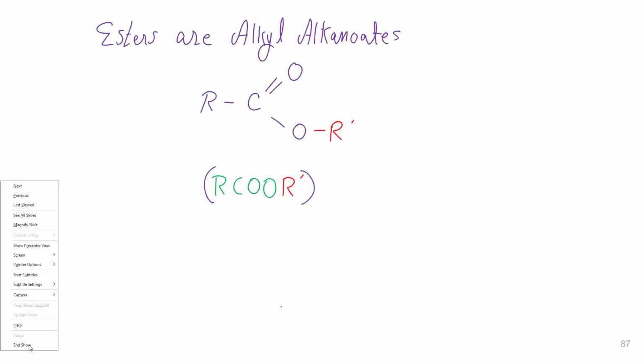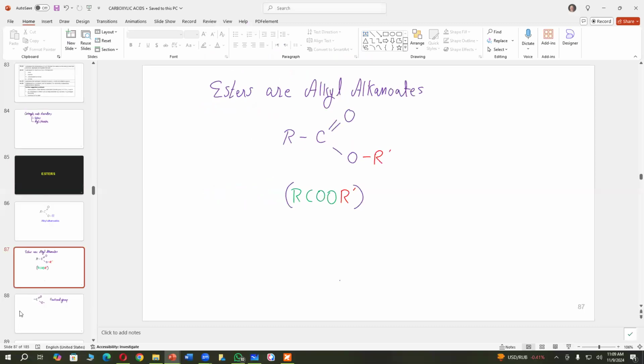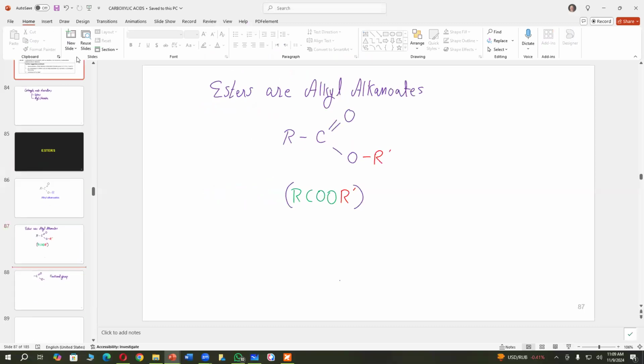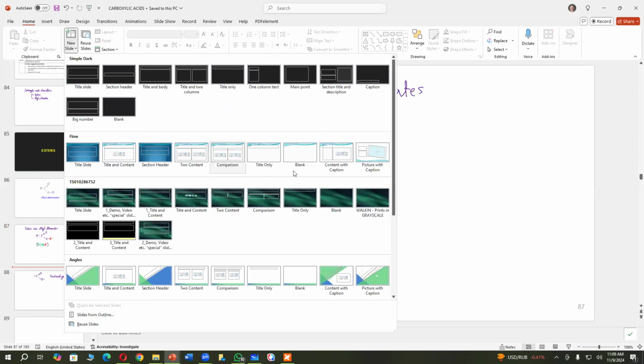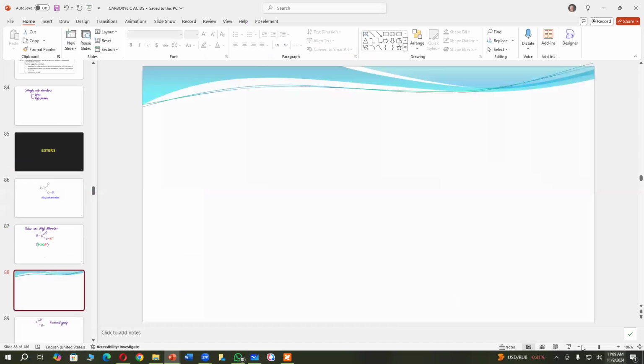Now, let us make our next concept, how the esters are in this chapter. Syllabus says that esters are considered to be derivatives of carboxylic acid. So now let us put our next concept.